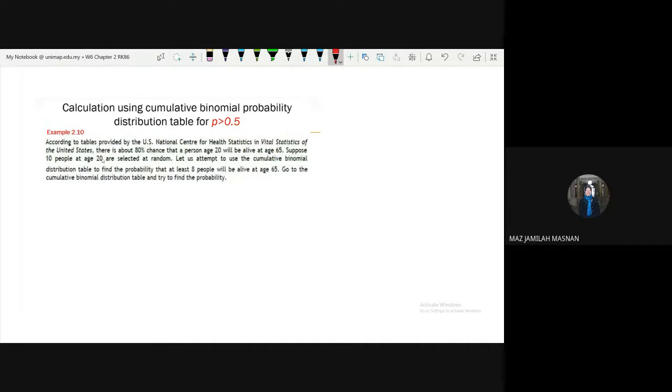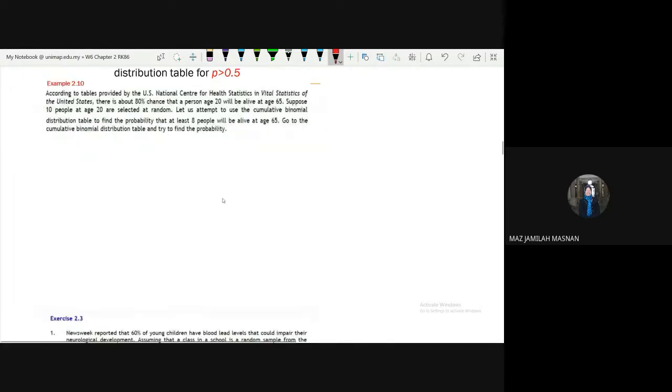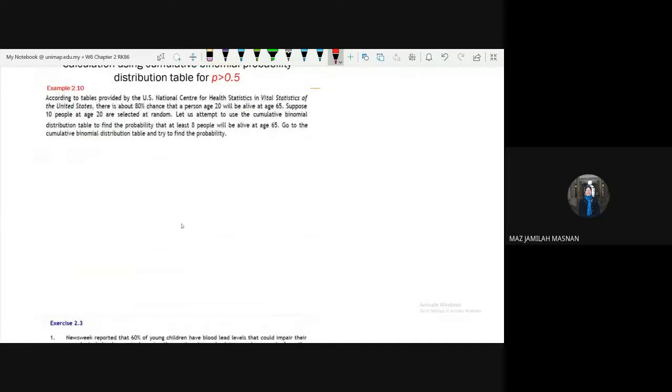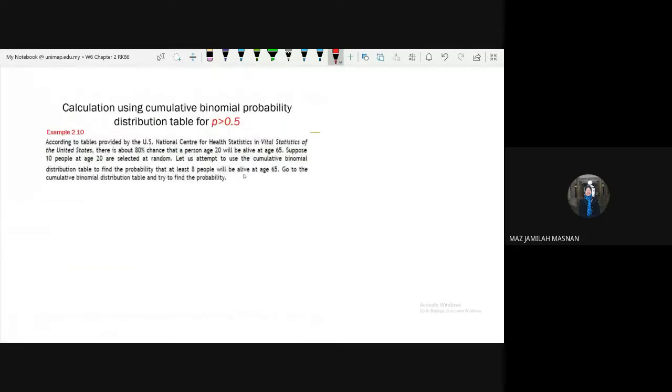I will just explain the example now. According to the table provided by the US National Center for Health Statistics in Vital Statistics of the United States, there is about an 80% chance that a person aged 20 will be alive at age 65.